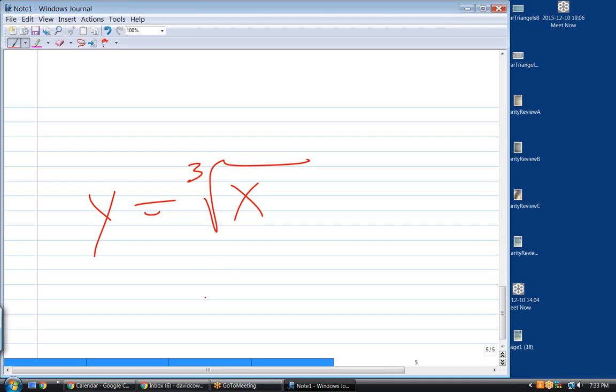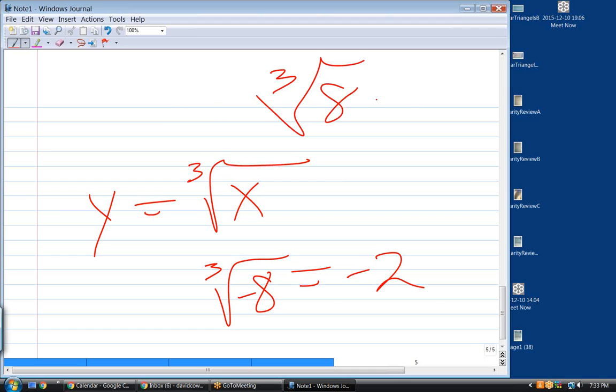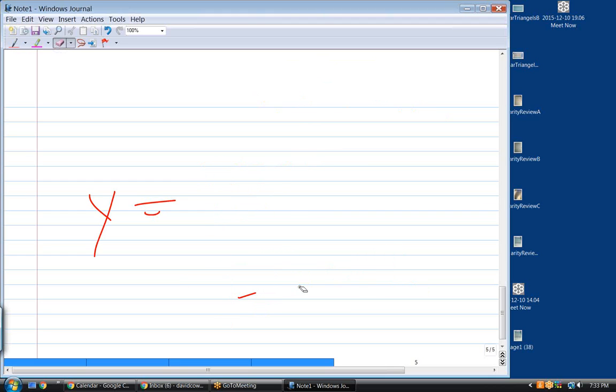In other words, if I want to take the cube root of negative 8, that's equal to negative 2. If I want to take the cube root of positive 8, that's equal to positive 2. There's no plus or minus. But if it was the square root... Whereas, if I'm taking the square root of 4, it's plus or minus 2. Right.